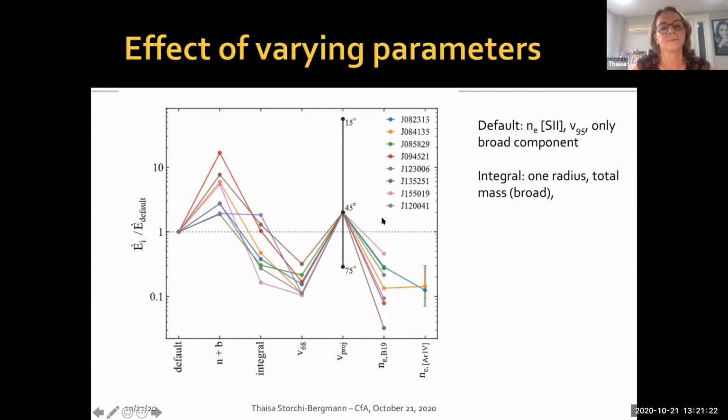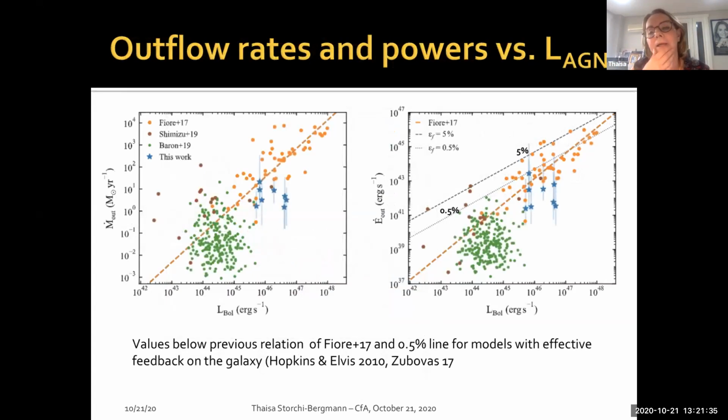So we have approximately an order of magnitude variation depending on the way that we calculate the outflow power. And this is putting together our data, which are the blue stars, with other data of other people who have done this kind of study before, from Shimizu, this dark red or brown.